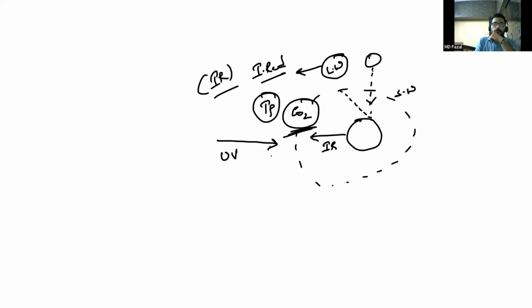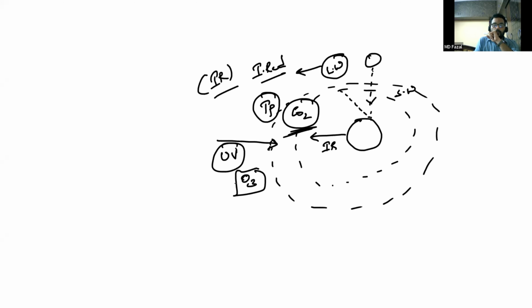But what stops UVs then? UVs are very dangerous. We have been protected from UV. Who stops UV then? Very good, excellent: ozone. Ozone will stop UV. We also have another greenhouse gas, ozone, which acts as a blanket and stops the UVs.